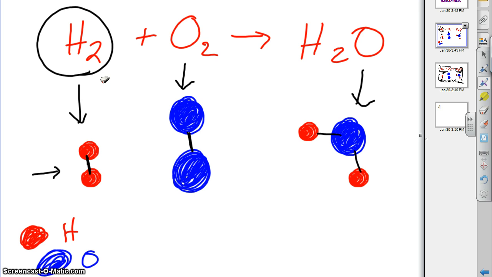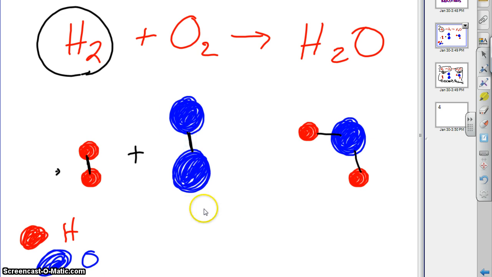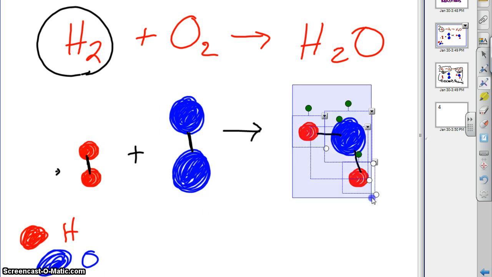So what we've said in this chemical reaction sentence is that this hydrogen and this oxygen turn into water.